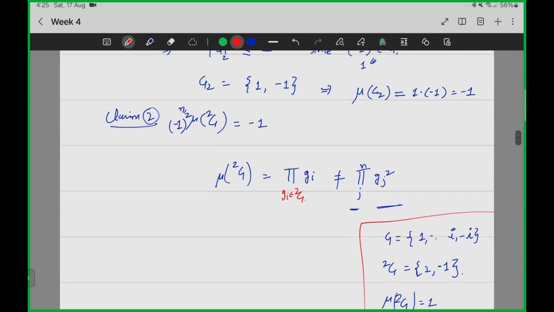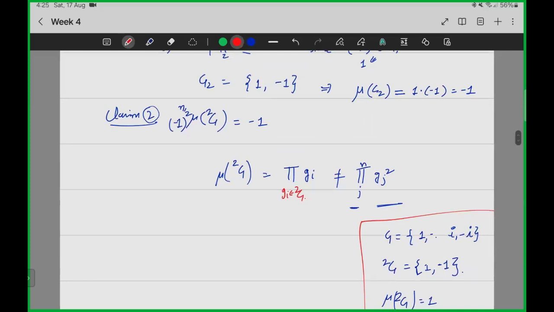So how to do this problem? What can we write here? Basically g_i we can write as g_i square belonging to 2G, and the product of those g_i squares. This is by definition. Why have we taken the square?